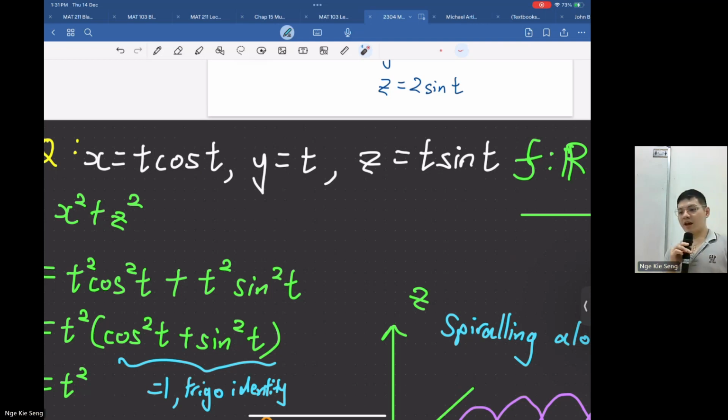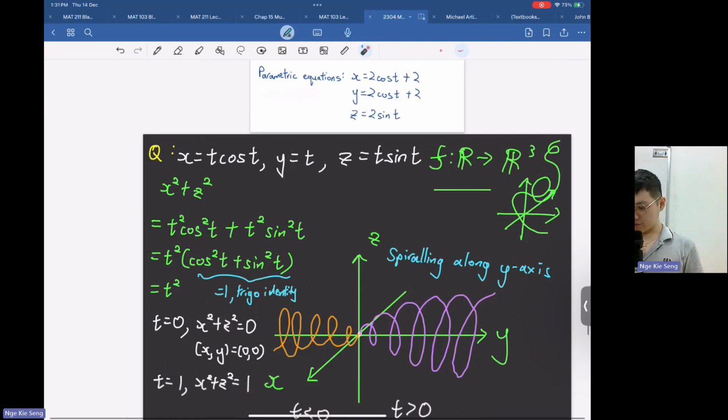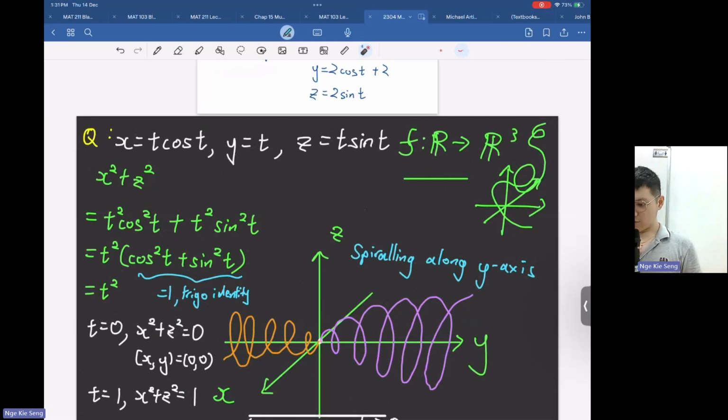And then in the y direction, t keeps increasing, so it keeps moving forward in y. So what is the shape? This shape will be spiraling along the y-axis. It keeps satisfying the circle equation, but increasing in radius. Makes sense or not?